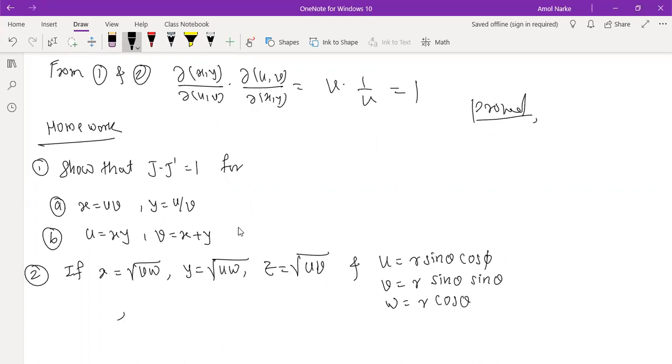Find Jacobian of x, y, z with respect to Jacobian of r, theta, and phi. That is what we wanted to do as homework.